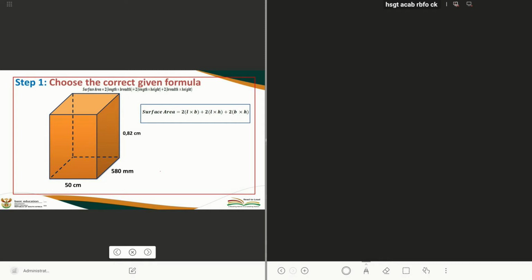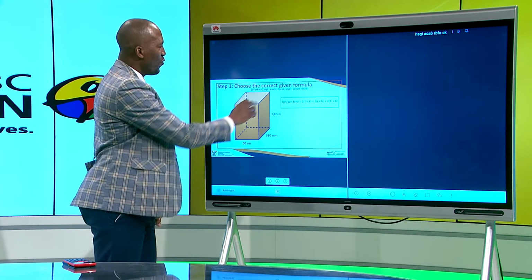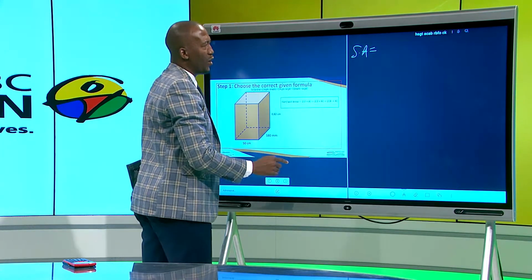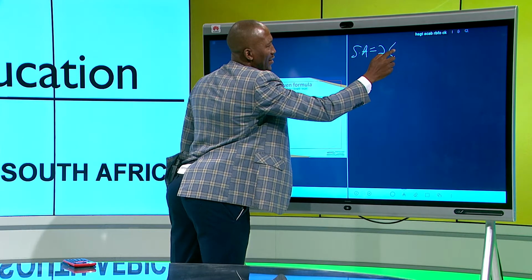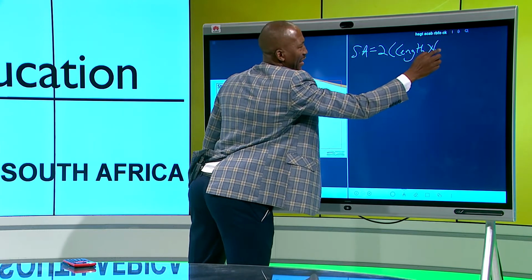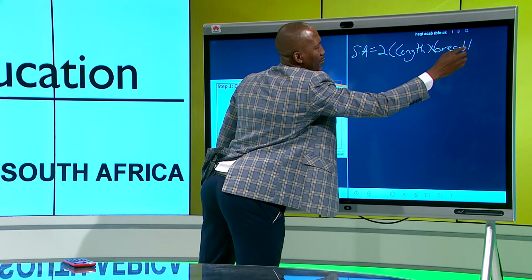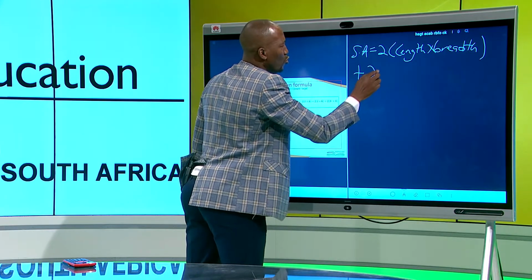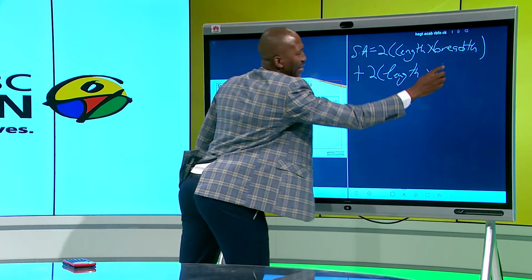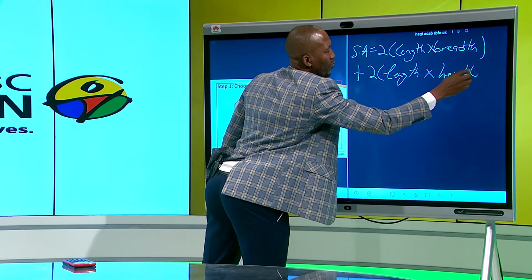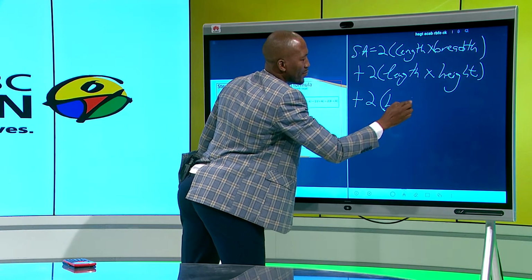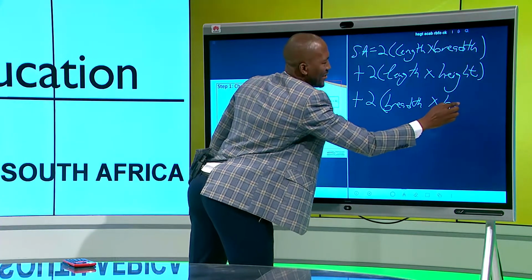We are calculating the surface area utilizing a formula. Here it's a formula for surface area that we are given. The surface area equals 2 times length multiplied by breadth plus 2 times length multiplied by height plus 2 times breadth multiplied by height.